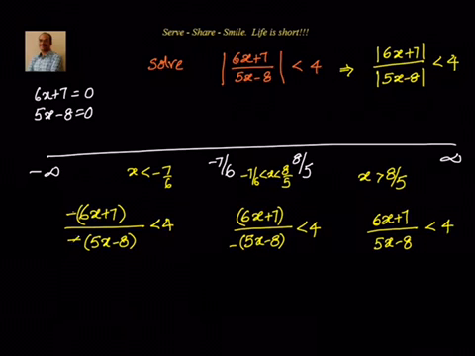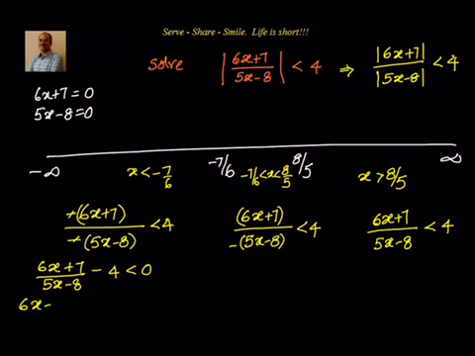First I can cancel minus and minus. So I have 6x plus 7 divided by 5x minus 8, minus 4, is less than 0. Now let's take the LCM of that.